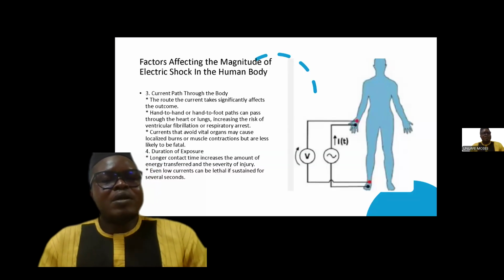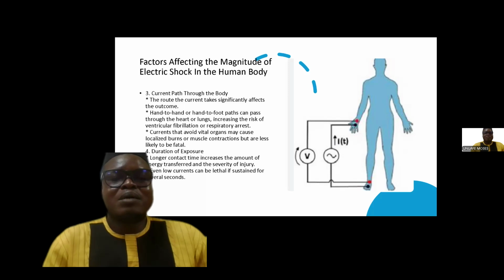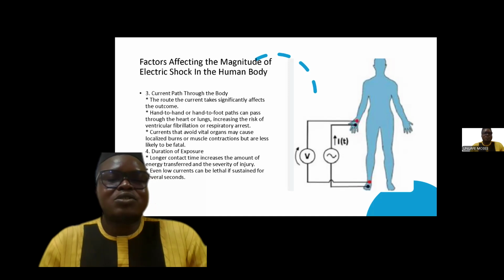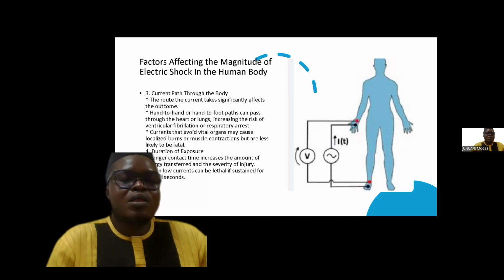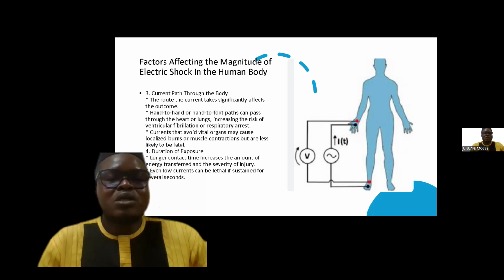Another factor affecting the magnitude of electric shock in the human body is the current path through the body. The route the current takes significantly affects the outcome.